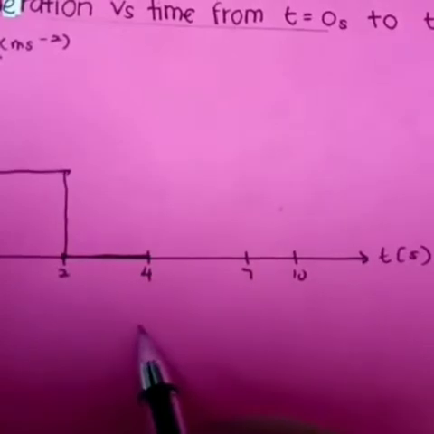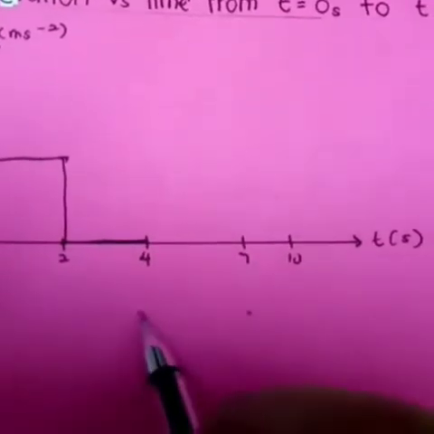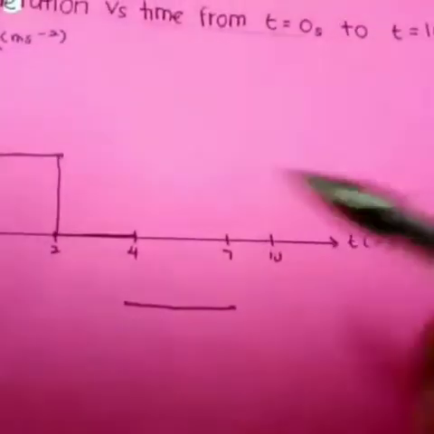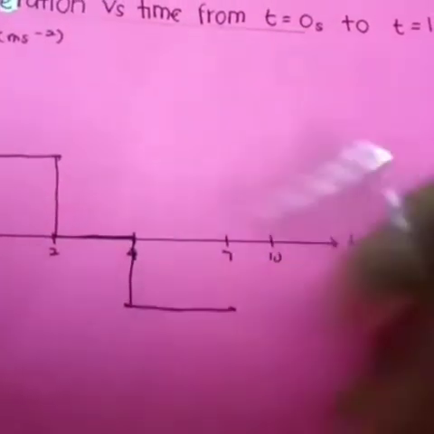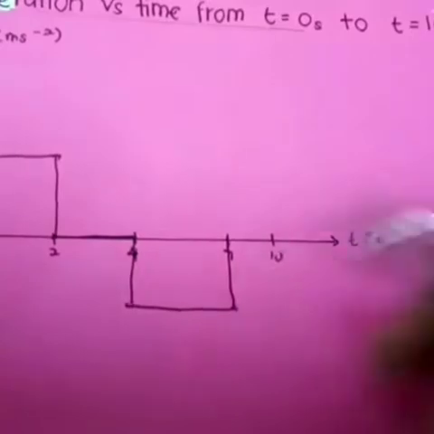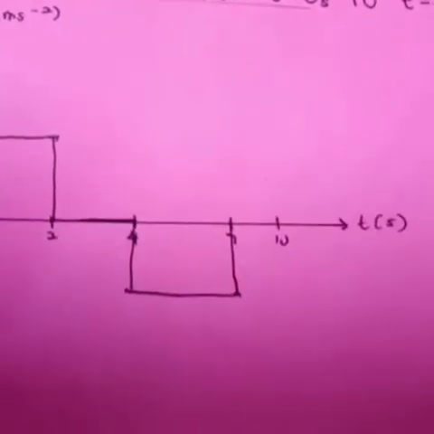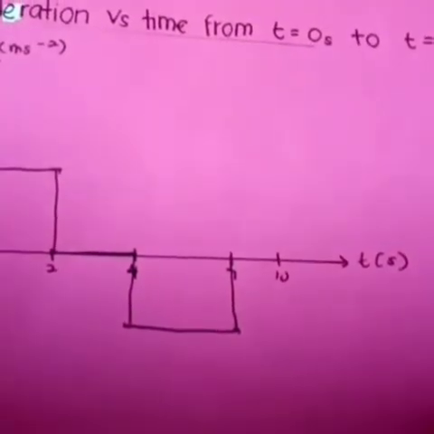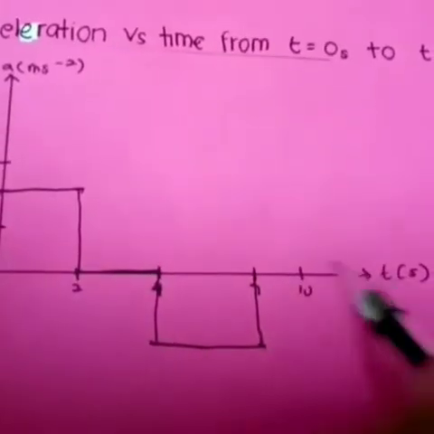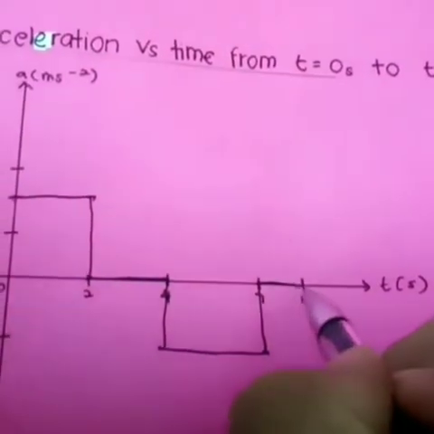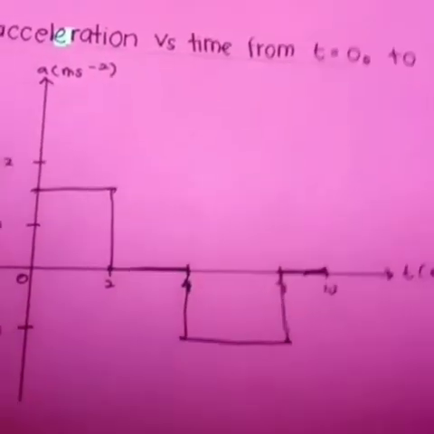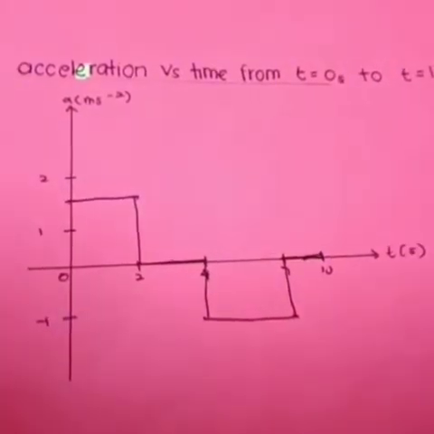So from this point to this point, we just connect them. Okay, so for the last one, 7 seconds until 10 seconds, the acceleration is 0. So at this line too. So that's it.